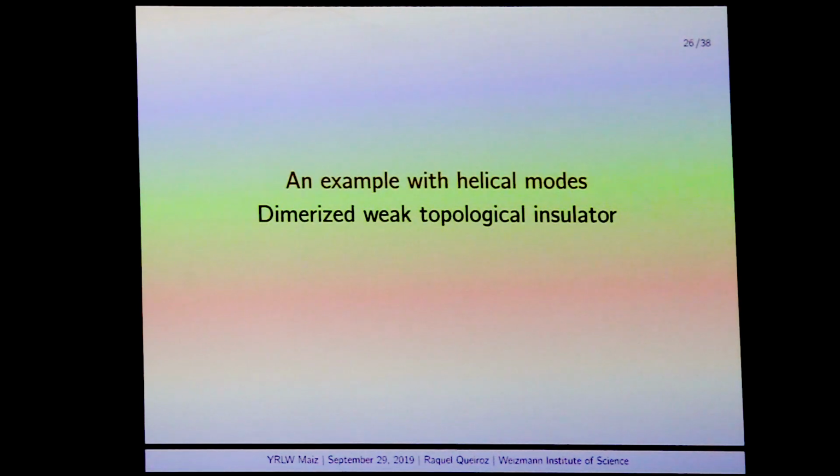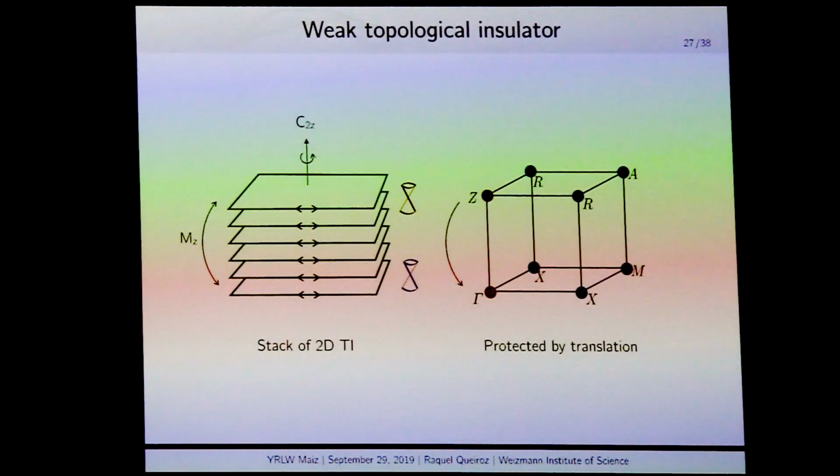Okay, so with this, let me go to a different model, a model that in this case does not just have boundary charges and a filling anomaly, but rather is a model with helical modes, and that's the dimerized weak topological insulator. And the weak topological insulator, we all know how it is. It's just a stack of 2D TIs.